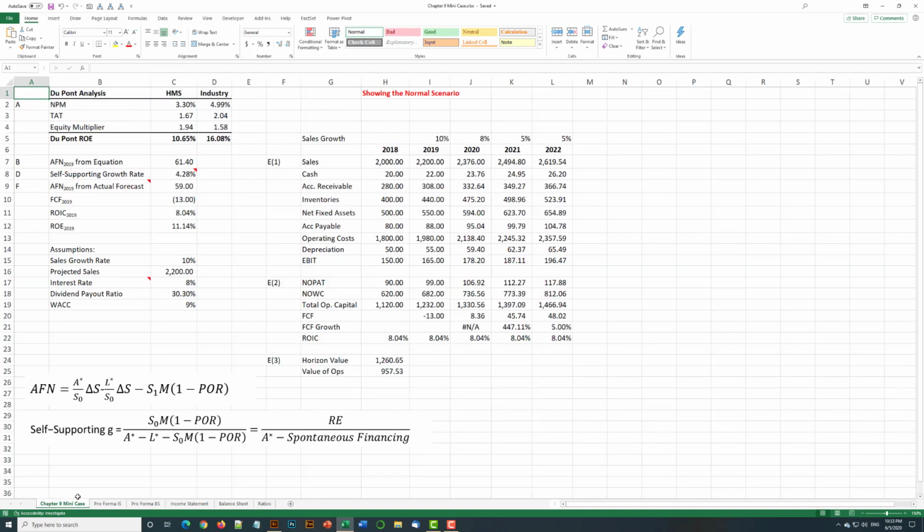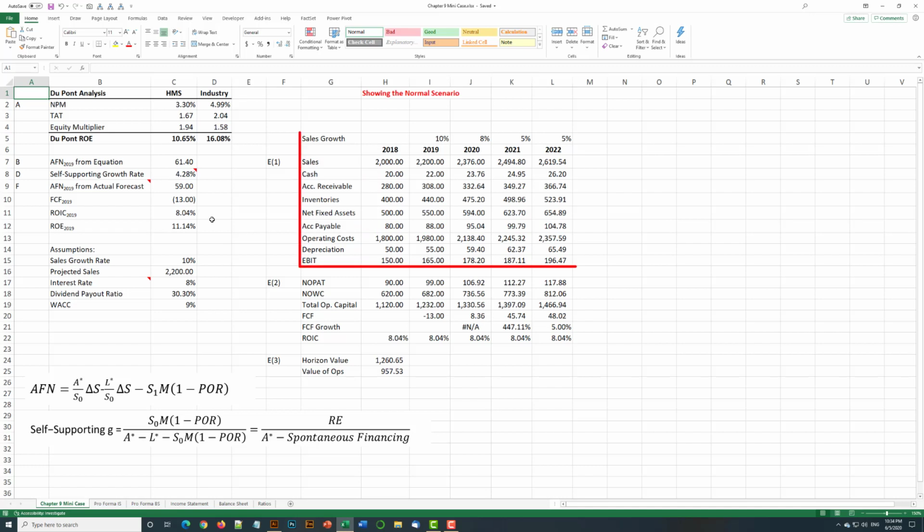So we've done the DuPont analysis, and then below that, I have several calculations. So we have the AFN from the equation, we have the self-supporting growth rate, we have the AFN from the actual forecasted financial statements that we did, and then we have free cash flow, return on invested capital, and return on equity. Now notice these red triangles that you see on some of these, for example, the self-supporting growth rate. These are just comments that I've left that hopefully make it a little bit easier for you to understand what's going on if you look at the spreadsheet.